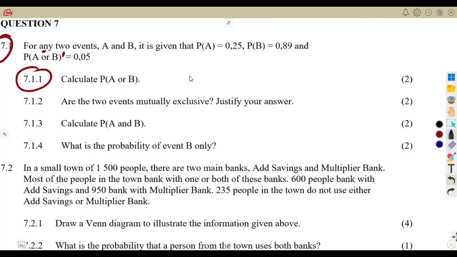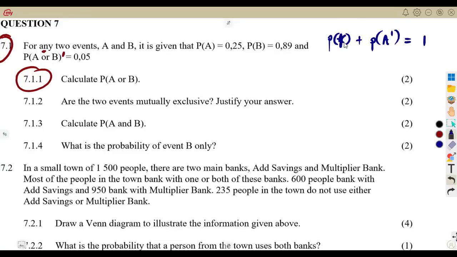I remember from the complement concept, guys, that for any set A and its complement, the probability is supposed to give us 1.